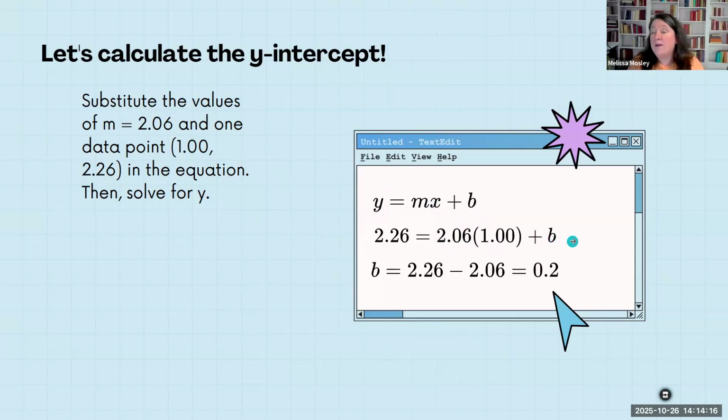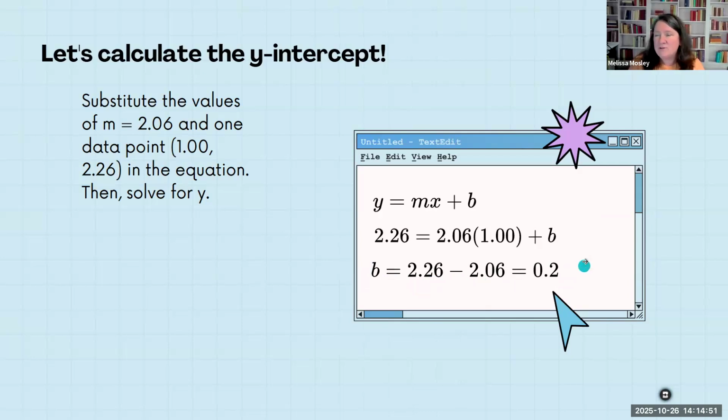So we don't know the answer to b yet, and that is the only variable in this equation that we don't know. So using your steps to solve equations, you can isolate b on the left-hand side of your equation, and then you're going to be left with 2.26 minus 2.06, which would leave you 0.2 as being your y-intercept value, right?